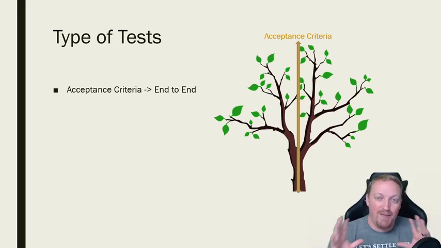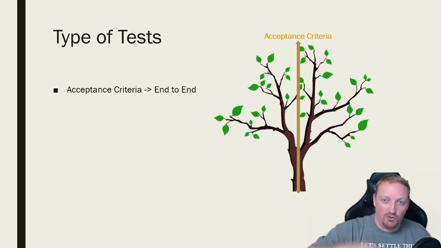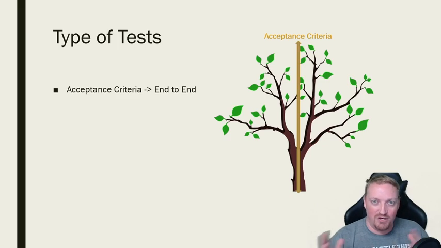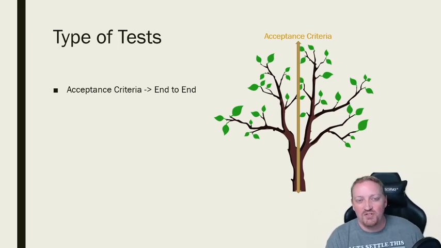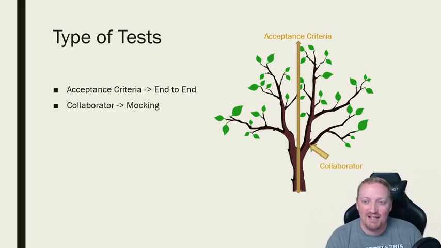And we're testing the boundaries of our application, the boundaries of our tree. We test from the root all the way to the leaf, and make sure that everything is in good order and everything measures properly. So with our acceptance criteria, we drop some end-to-end tests.